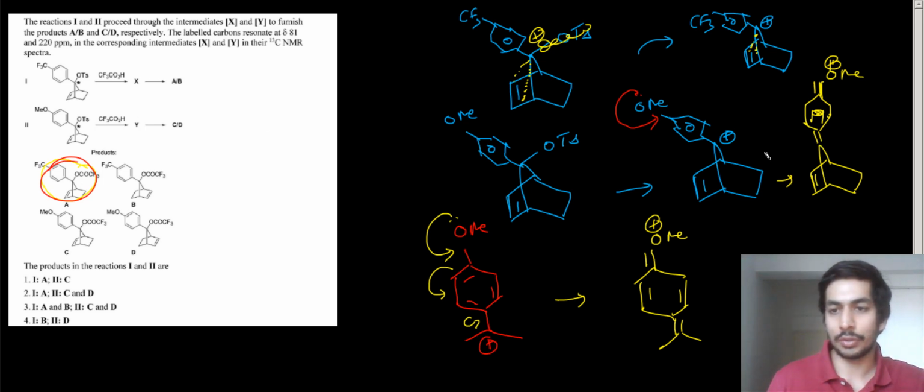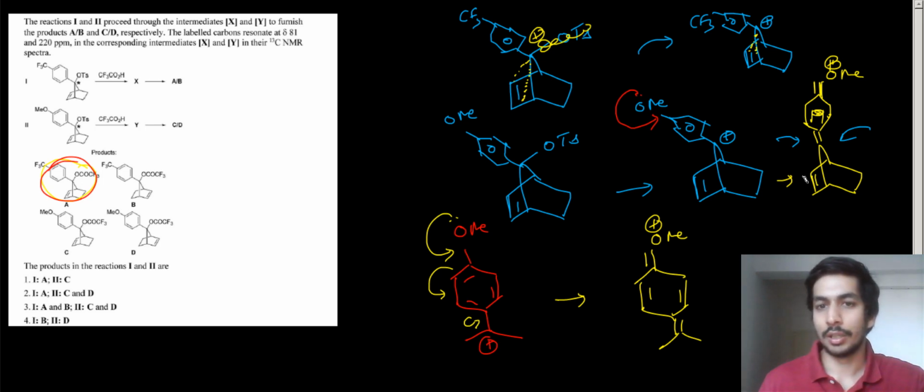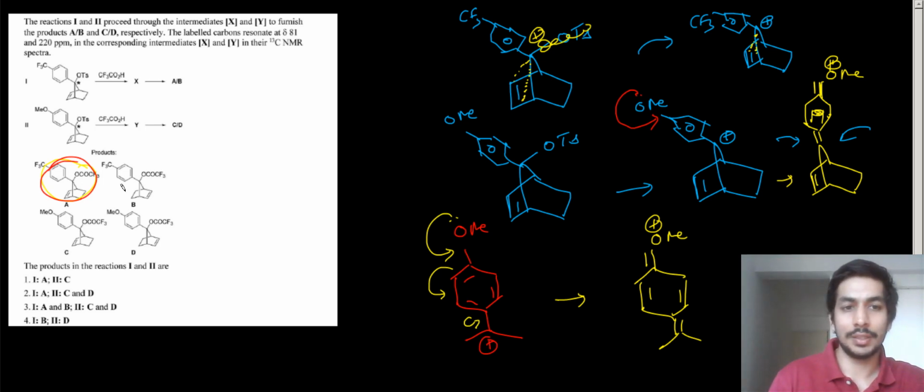So the nucleophile can attack from both ends, either from this end or from this end, because the NGP effect is not being utilized in this substrate. That is why in this case we'll get both the products, C and D. So in the first case we'll get only A, and in the second case we'll get both C and D. That is why the correct answer becomes option number 2.